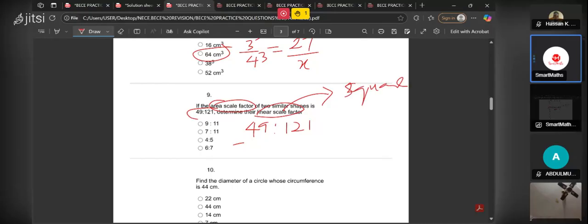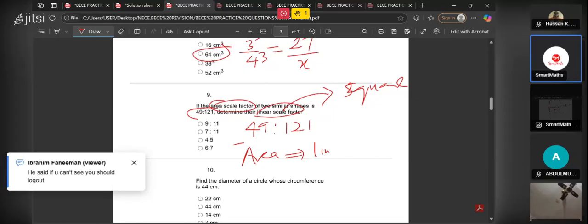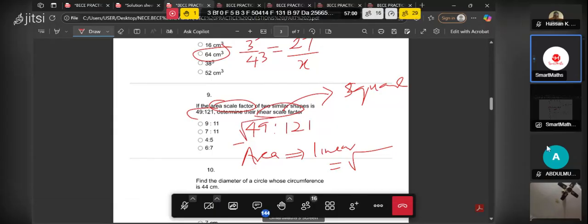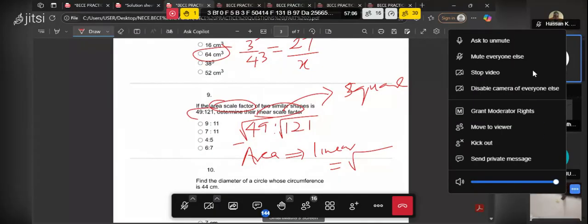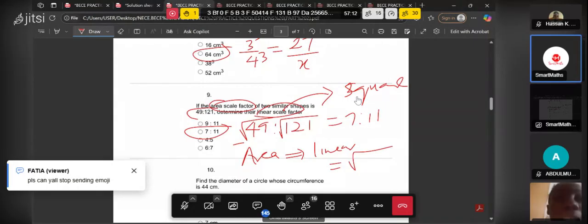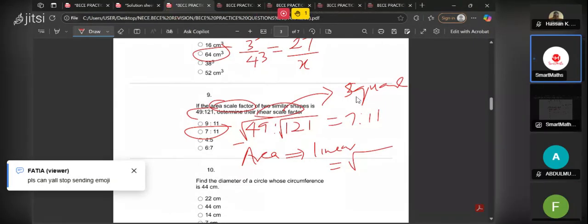But when you are going from area to linear, you take the square root. So you find the square root of 49 and the square root of 121. The square root of 49 gives us 7 to 11. So that's what we have there. I hope this is clear, right?